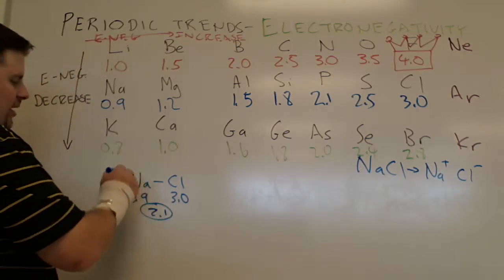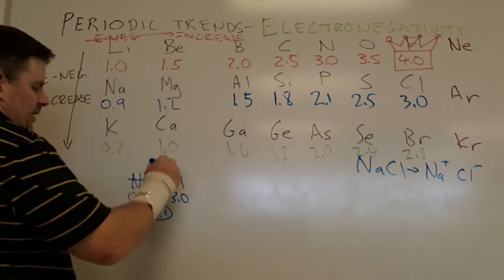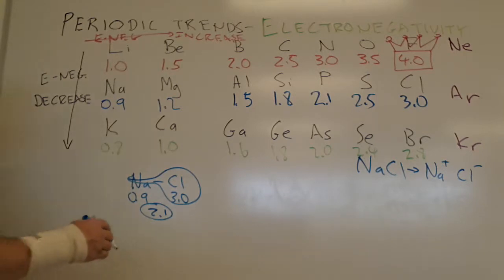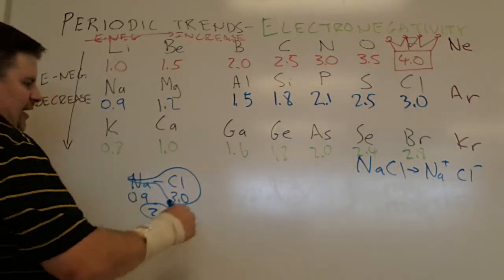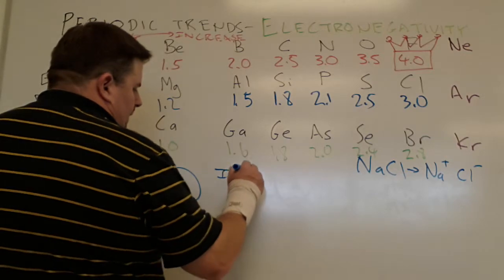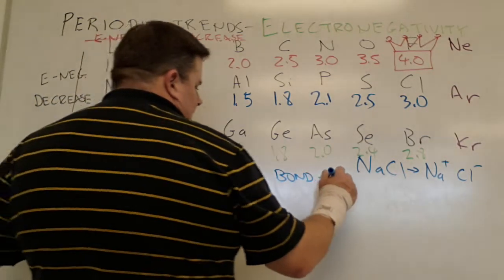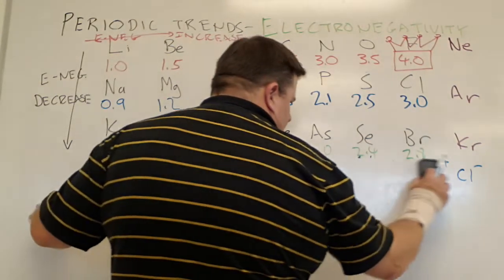That means that the electron is really spending a lot of time over here in the chlorine and not so much time over on the sodium. And this is what we expect. This is what we see. The chlorine actually steals the electron in these ionic bonds. Okay? So this is telltale of an ionic bond. And the ionic bond is a metal-nonmetal interaction.